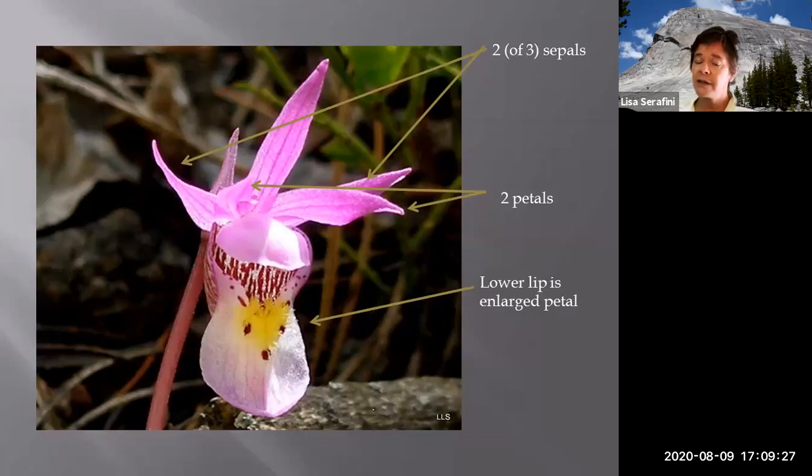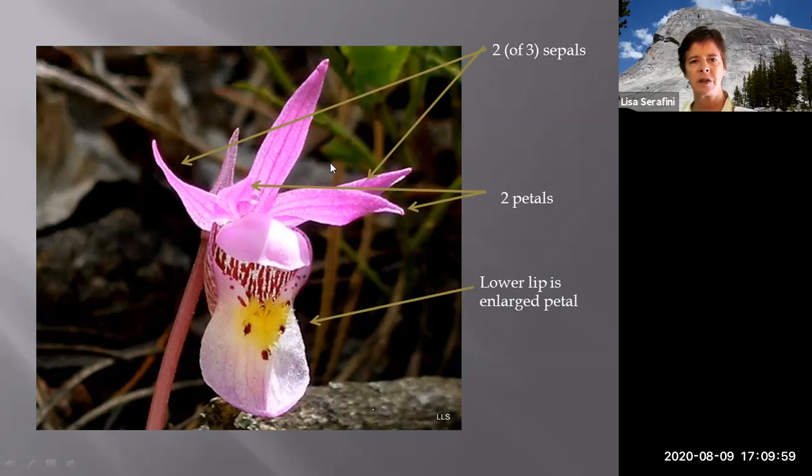Orchids are monocots, okay? So we're going to have 3 sepals and 3 petals. Here's 1, 2, 3 sepals. So there are 3 sepals, and there are going to be 3 petals. There's one there, and there's one that's kind of hard to see coming out at us.